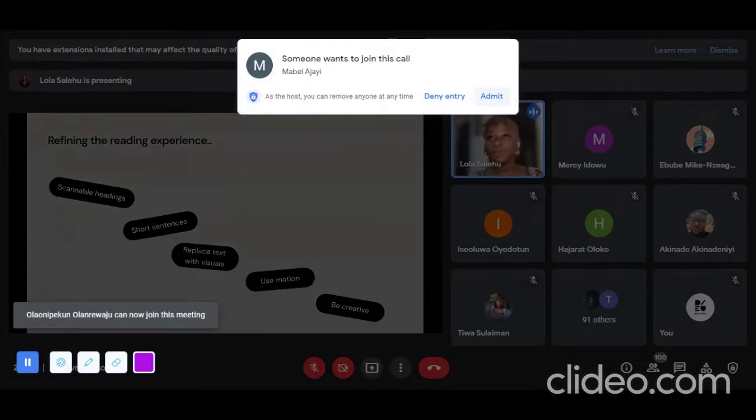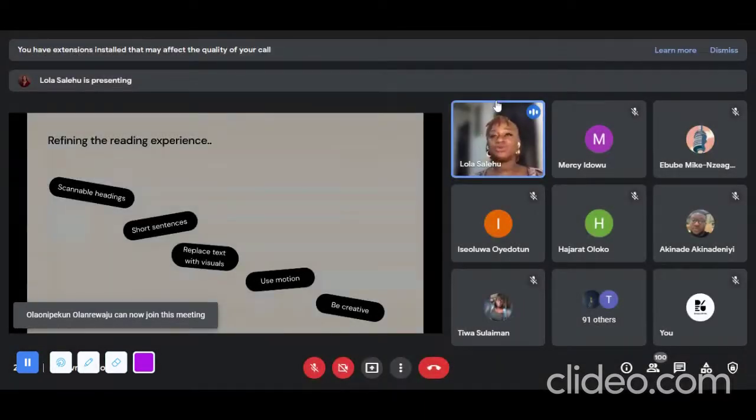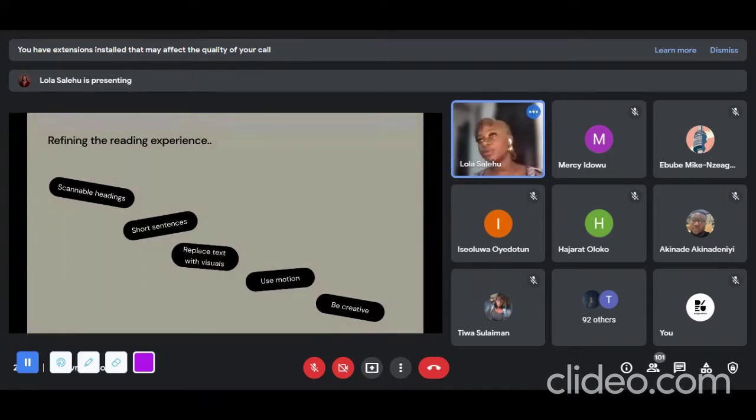If I was flipping through the page and I wasn't trying to read every sentence or every word, I should still be able to get a very clear idea of what your case study or your project is about from your headings. So I would know that, okay, there was some research phase and there was some testing phase and all of that, just from seeing the headings that you put in there.